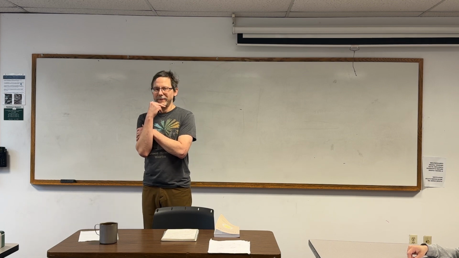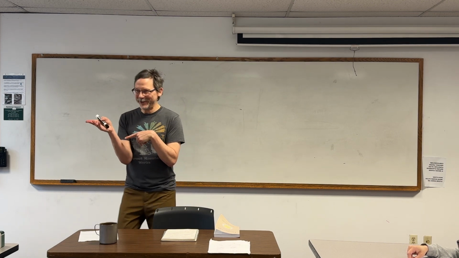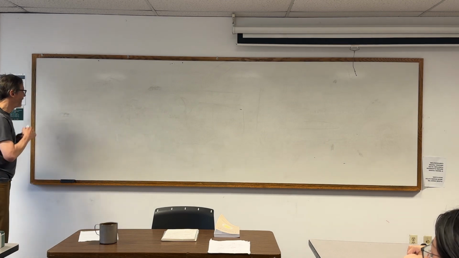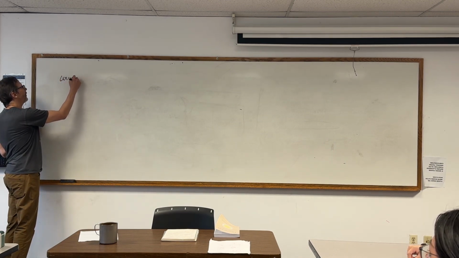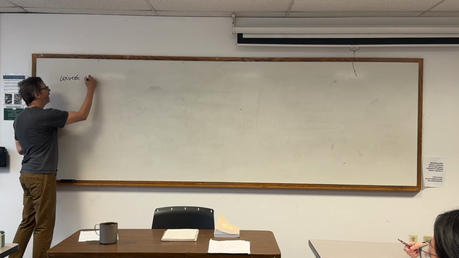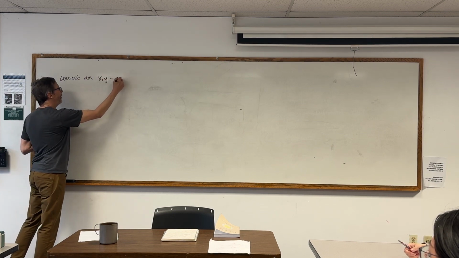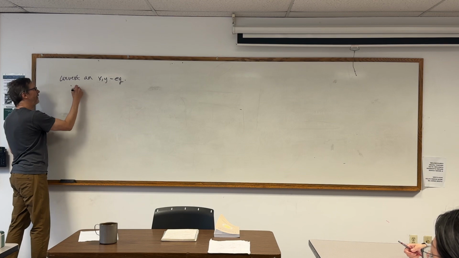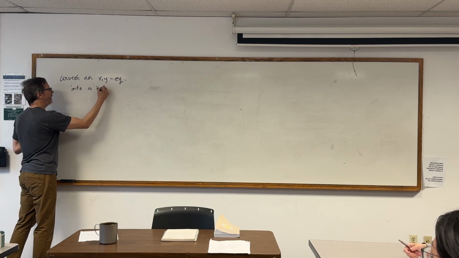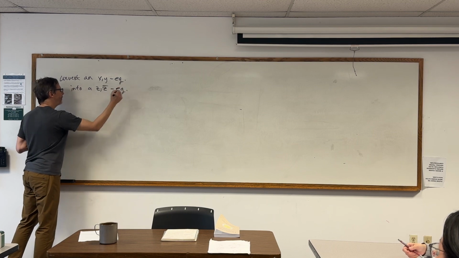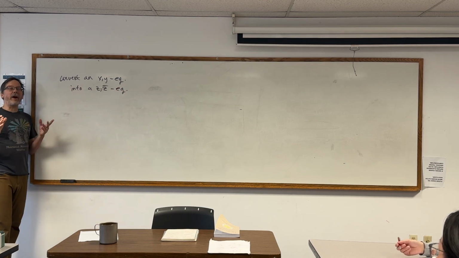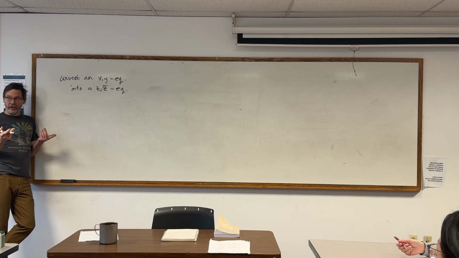You are not the only one who has a question about this, so let's talk again. Convert an xy equation into a z bar equation. Let's talk about how to get those substitutions first.